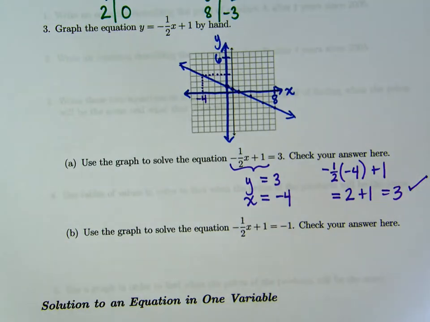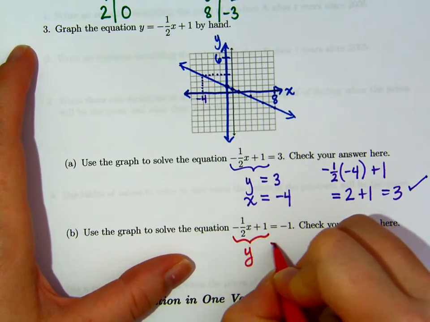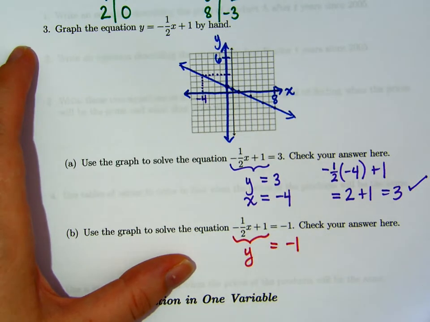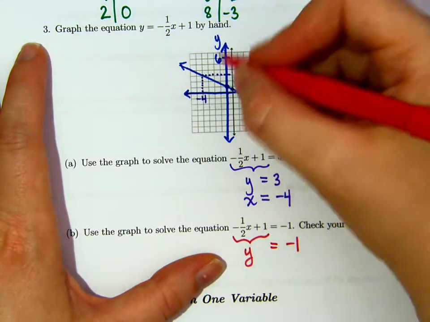Now use the graph to solve the equation -1/2 x plus 1, which again we know is y, is equal to -1. Okay, so now we're looking at the graph to where y equals -1.